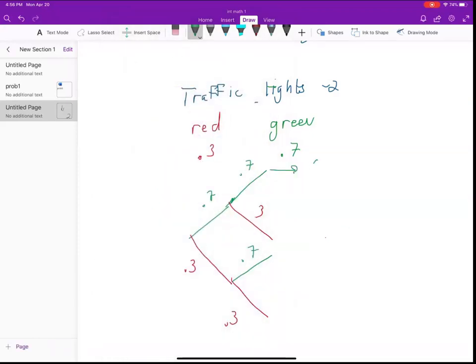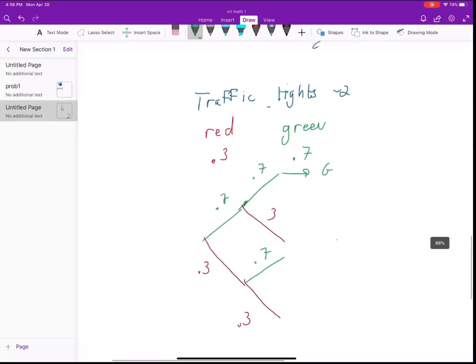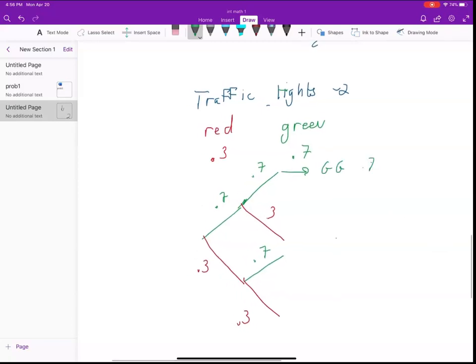So two greens, G, G. That would be 0.7 times 0.7, or 0.49. There's that one. All right, if I want to do green and red, 0.7 times 0.3, 0.21.